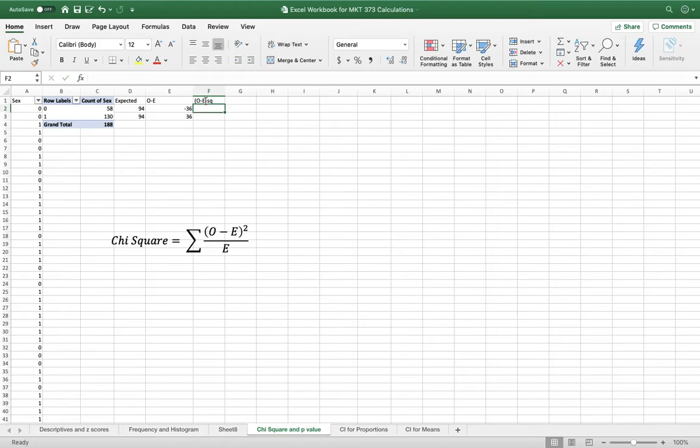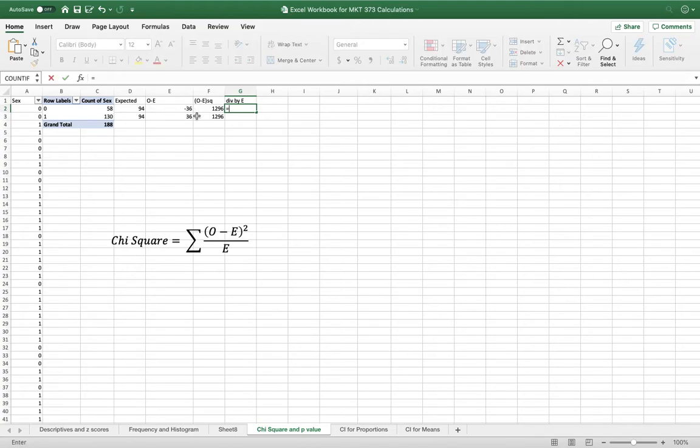So we take negative 36 times negative 36, and we take positive 36 times positive 36, and we get 1,296 for each of them. We then divide that value by E, which is, again, our expected value.